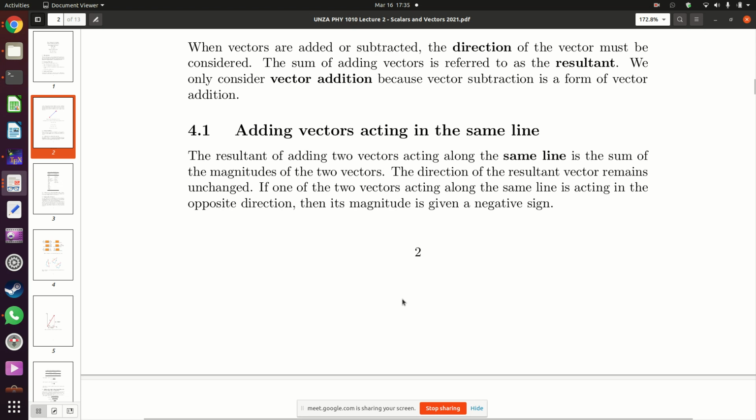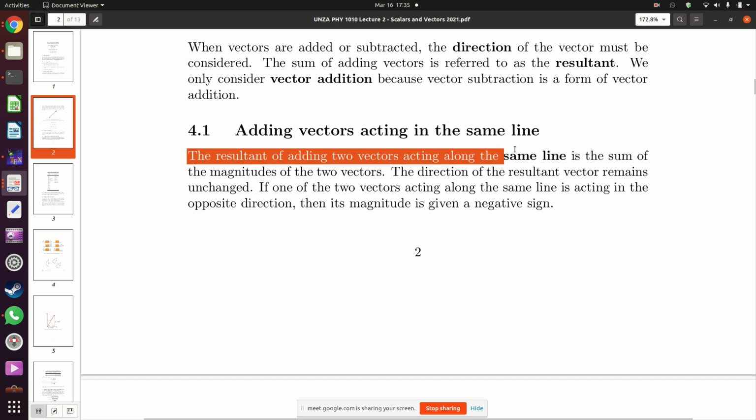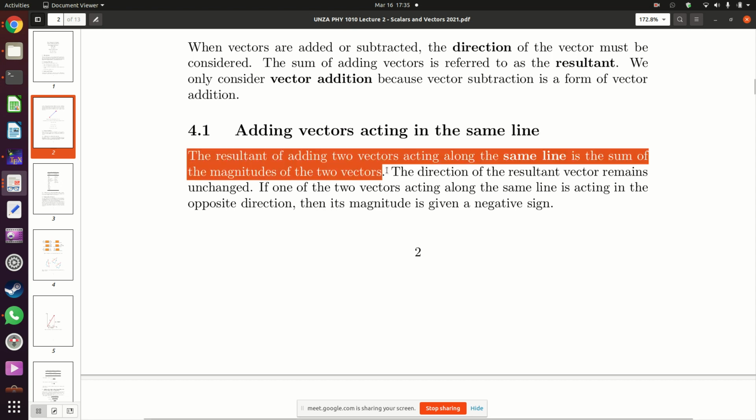That is one thing going for you when your vectors are acting in the same line or pointing in the same direction. When your vectors are parallel, when you add these parallel vectors, you just add their sizes, and the direction remains unchanged. So the resultant of adding two vectors acting along the same line is the sum of the magnitudes of the two vectors.